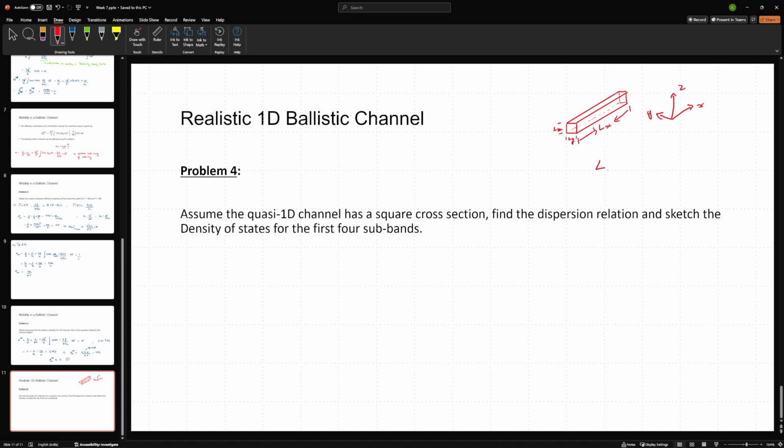The condition for a quasi 1D material is Lx significantly greater than Ly, which is approximately in the region of Lz. So Lz and Ly should be small quantities, and Lx, one of the dimensions, should be very large.